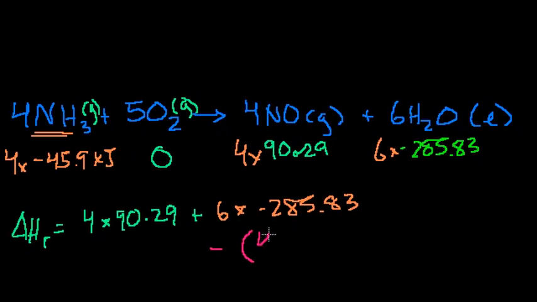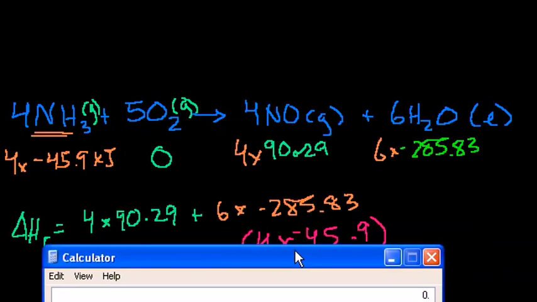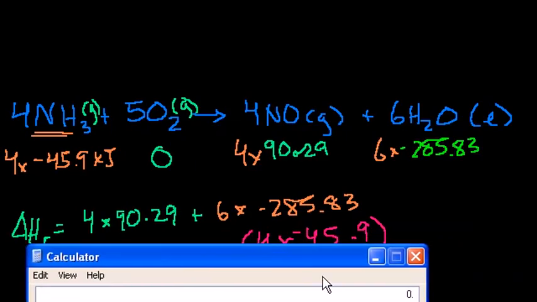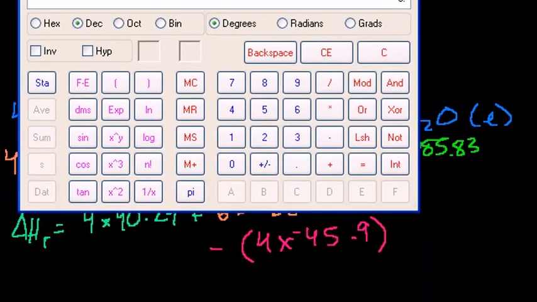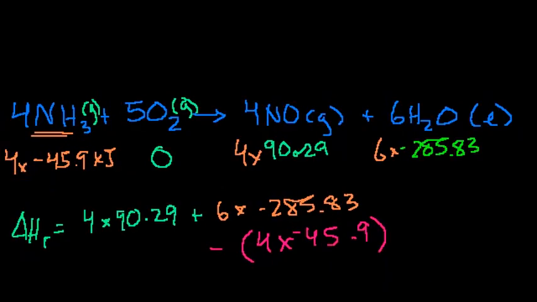So here it's 4 times 45.9. Let me make sure it's a minus 45.9, right? Ammonia had a minus 45.9 heat of formation. So what did we end up with? Let me get the calculator out. I'll just do it off the screen because my screen is getting filled up.